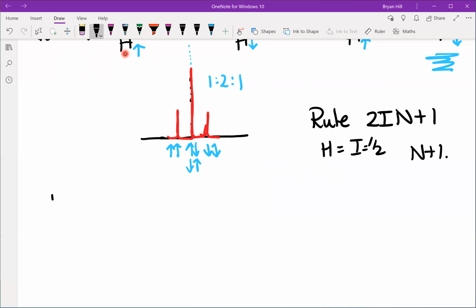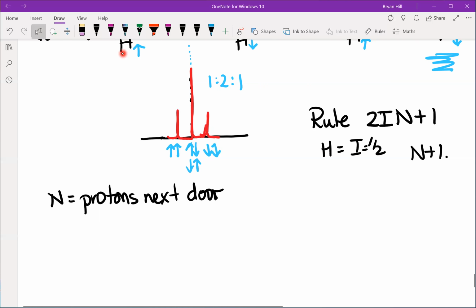So n is the number of protons next door. If you've got one proton next door, when n equals 1, 1 plus 1 equals 2, and you are going to be a doublet.